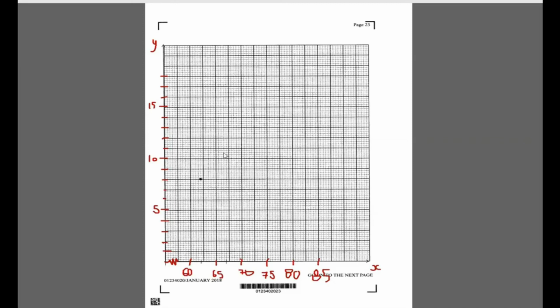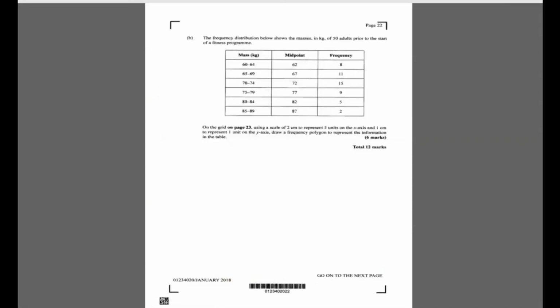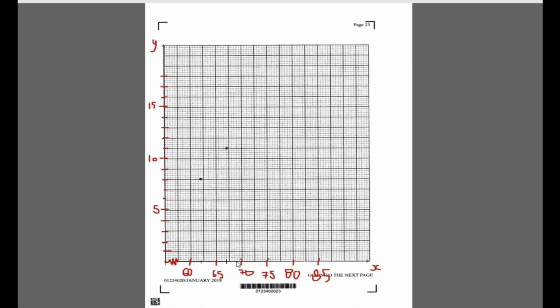11 is right here. Then 72 to 15. 72 is right here, and 15 is right here.